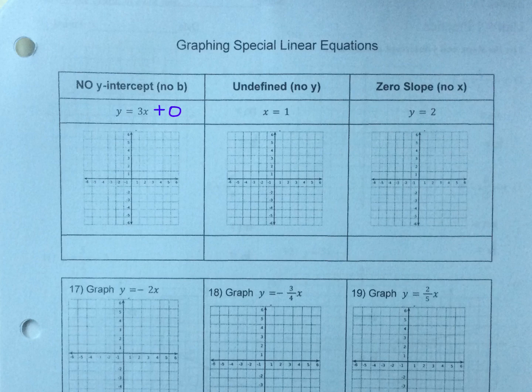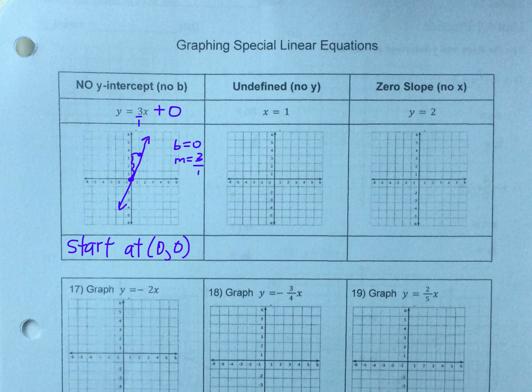So when I have just y equals 3x, 10x, negative 1 over 4x, but there's nothing at the end, I always start at 0 because my b equals 0. This m, I'm going to make a fraction, will be 3 over 1. So I'm going to rise 3, 1, 2, 3, run positive 1. So this one goes right through that origin. So you always start at 0, 0 when you're missing a B.